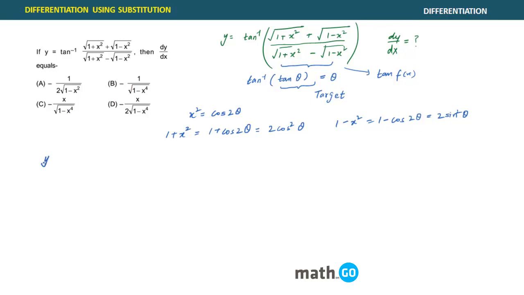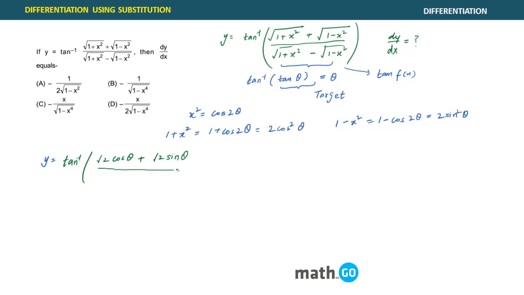Let's start putting these values in the function now. Okay, let me just change the color of the pen. So it will be, yeah, tan inverse. So this will be 1 plus x square is, yes, 2, so it will become what? Root 2 cos theta. What will be the next bracket? Yes, it will be root 2 sine theta.